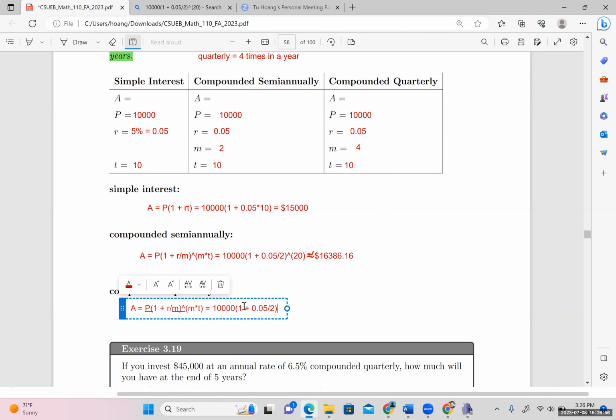So 10,000 times 1 plus 0.05 divided by 4, right? Because we have 4 as the n, raised to power 40. 4 times t is 40, right?